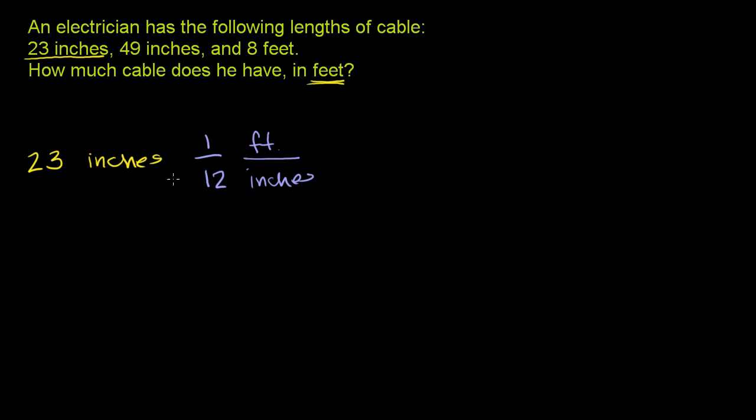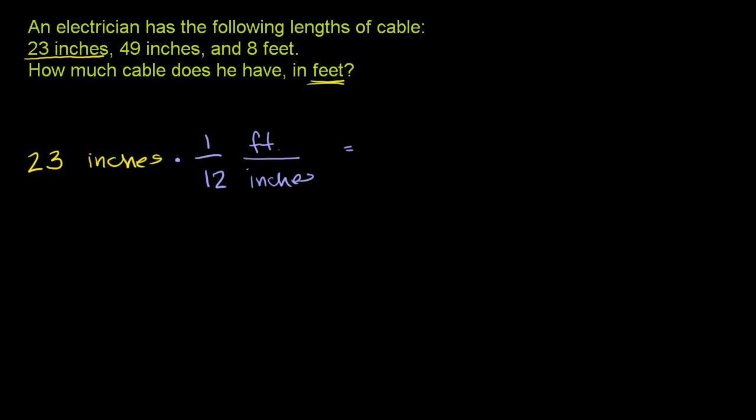Either way, if we multiply this, the inches cancel out. That's why we know, at least mathematically, if we just did it mechanically, why we shouldn't multiply by 12. But it should also make complete sense. We should be dividing by 12, because when you express this distance in feet, it should be a smaller number. So what does this give us?